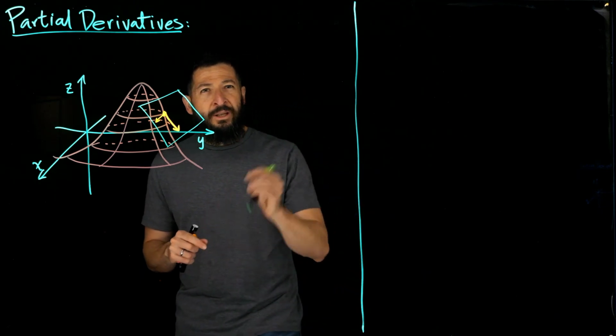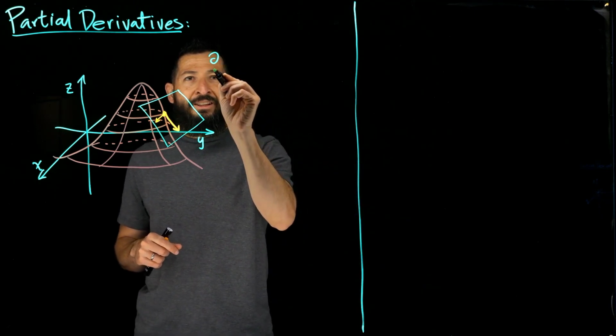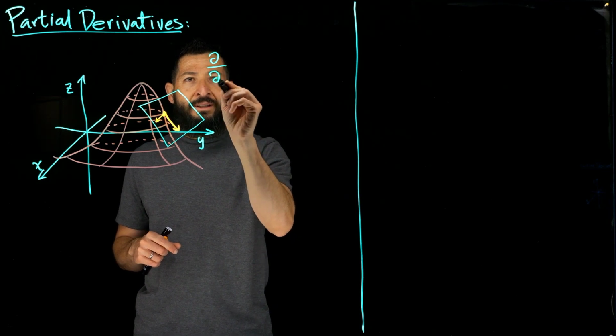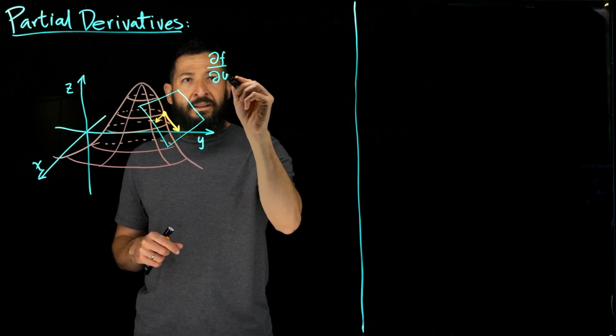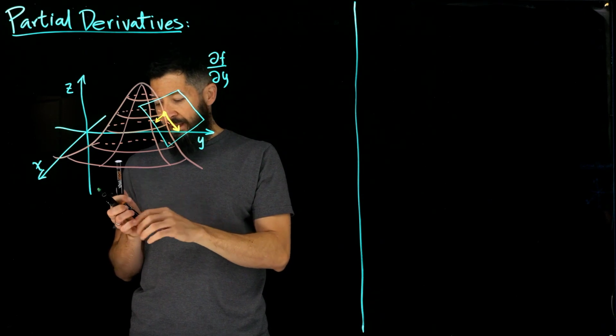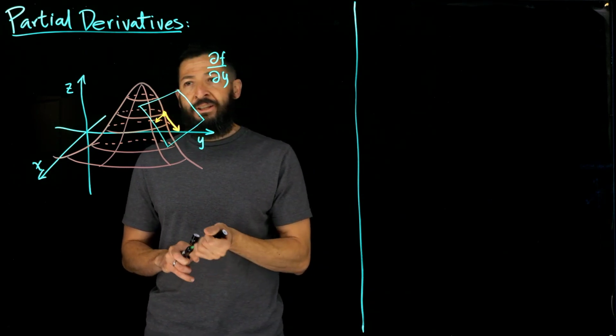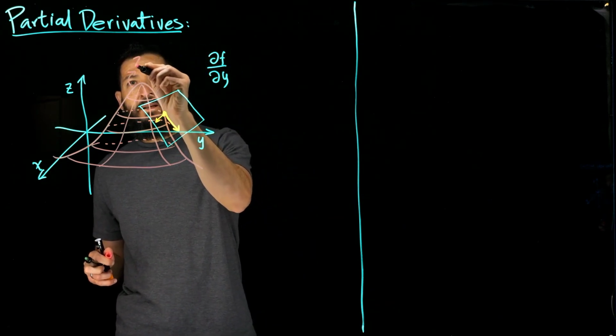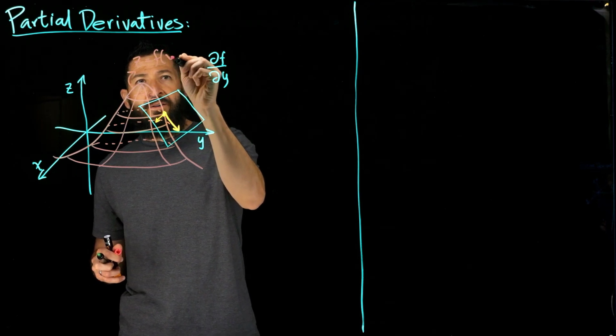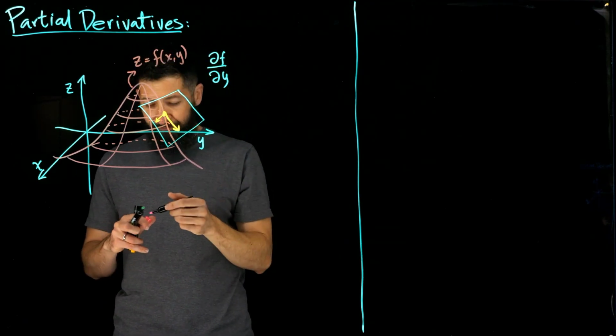So what that would give me, and I'm going to use an interesting sign here for the derivative. And by the way, this graph would be the graph of z that is a function of x and y.